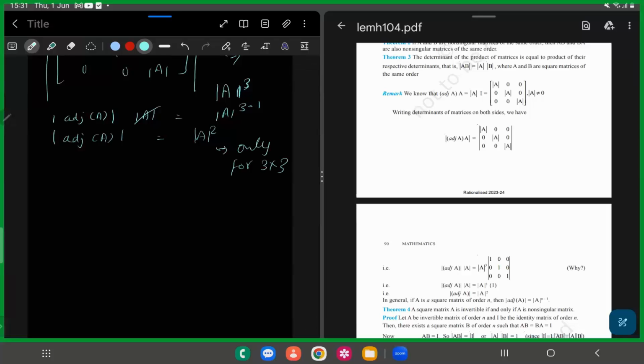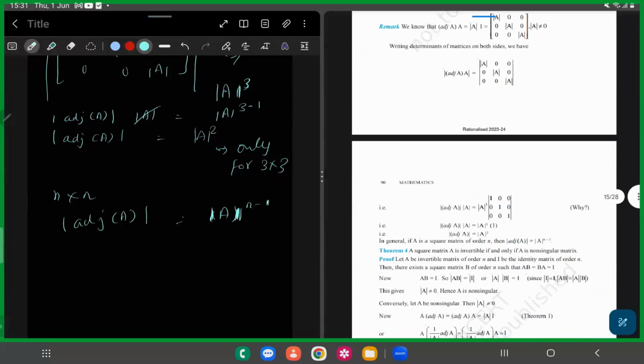For any n by n matrix, determinant of adjoint of A is equal to determinant of A to the power n minus 1, because the right hand determinant would be determinant of A to the power n, and if we cancel one determinant from the left and right hand side, we get this as our final answer.